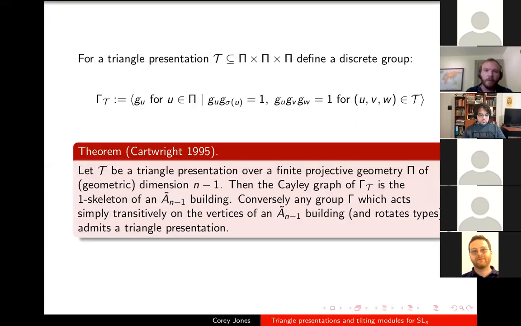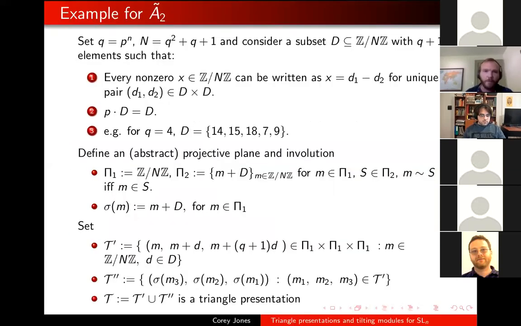So here's an example. So this is an example for affine A2. And so in general, this will give you an abstract projective plane. But so let Q be some prime power and let N be Q squared plus Q plus 1. Then we're going to take a subset of Z mod NZ that has Q plus 1 elements. And this subset will be called a difference set. And that's why we have this letter D. And it should satisfy the following two properties.